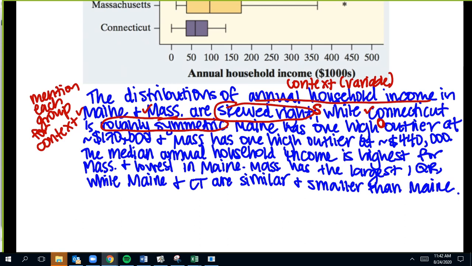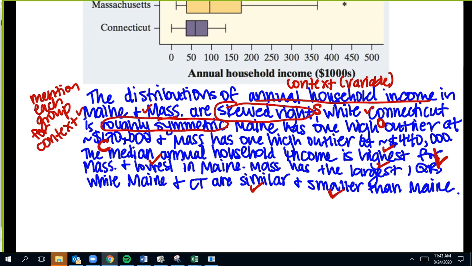Then we have the median annual household income is highest for Mass. That's a compare word, so that's great. And lowest for Maine, love that. And that is going to be our center. Mass has the largest IQR, that's our variability. We have a good compare word there. While Maine and Connecticut are similar, that's a nice compare word, and smaller than Maine.